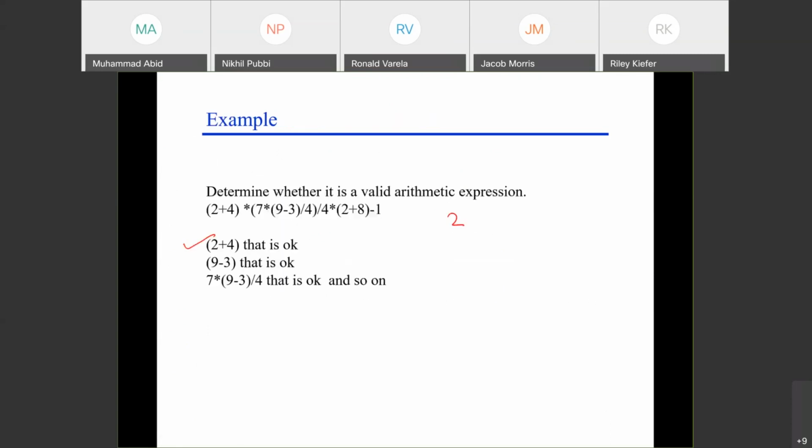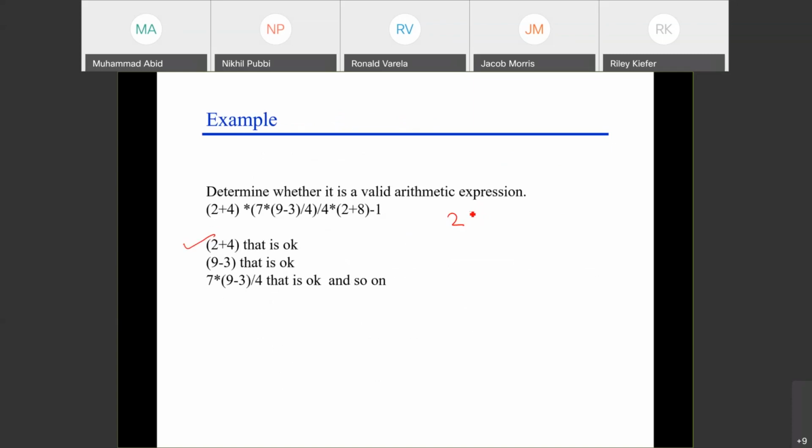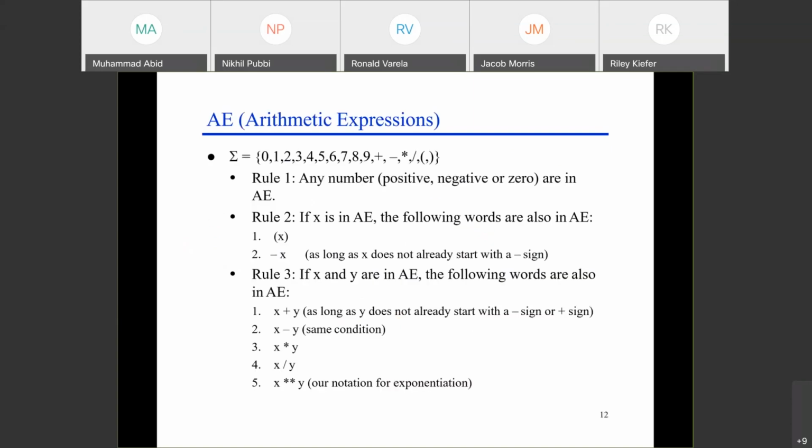So we find 2 from rule 1, that this is in arithmetic expression. Same way we find 4 from rule 1 that it is in arithmetic expression. Now we have two terms, one is 2 and one is 4. Let's say how we handle two terms. Rule 3 is handling two terms.